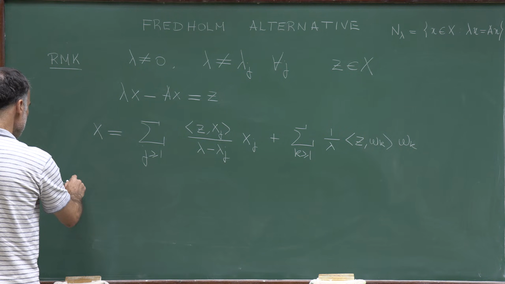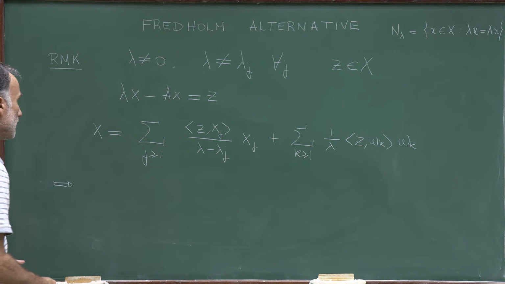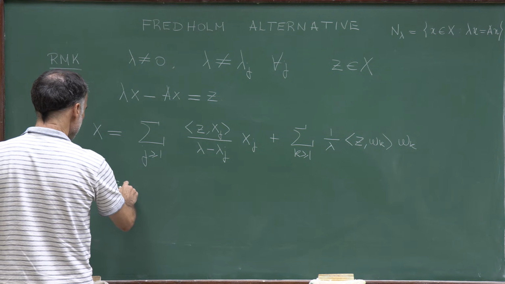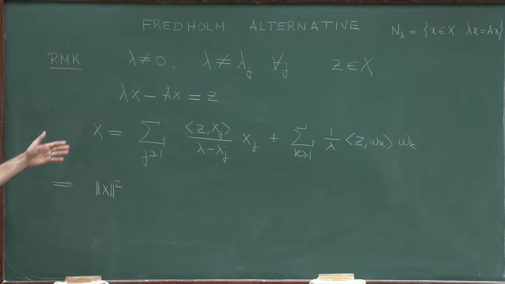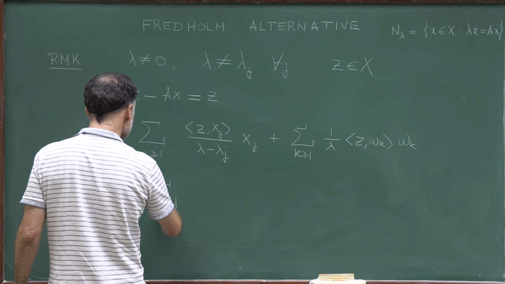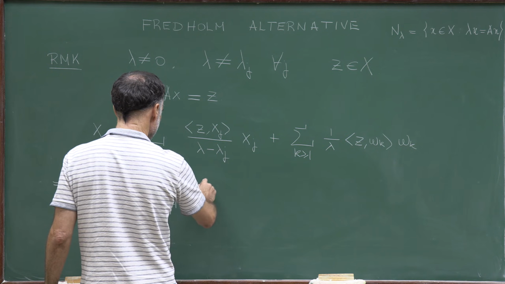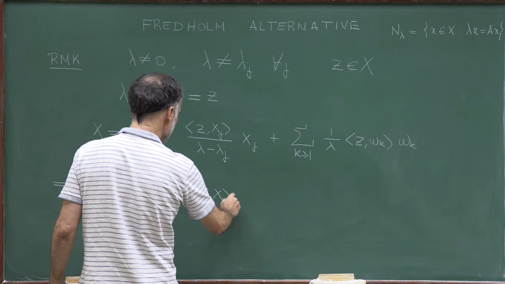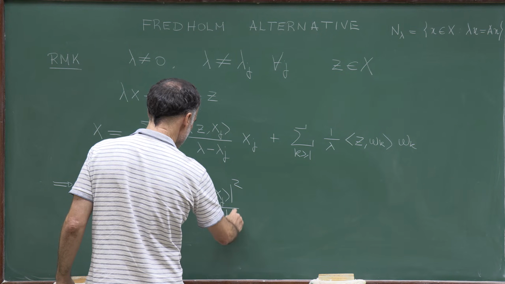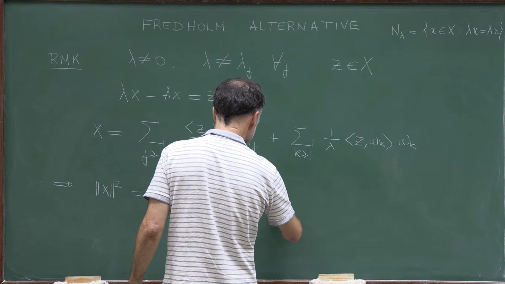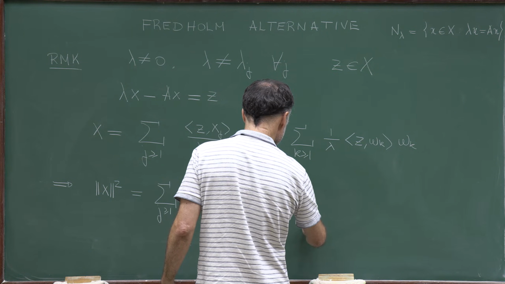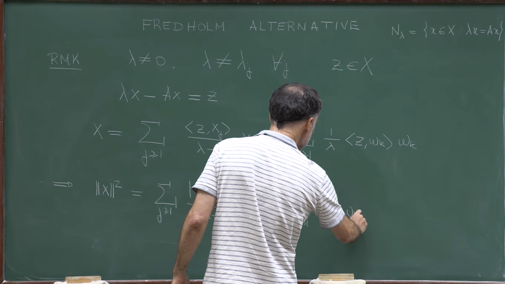The solution is unique, and it's given by this formula. So now let's see. The norm of x squared, I can compute by this formula, exactly by Parseval identity, given by this sum.